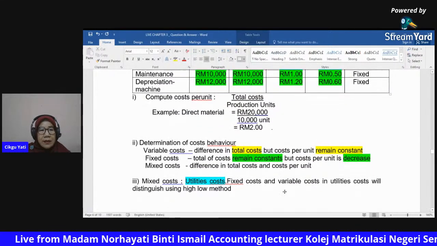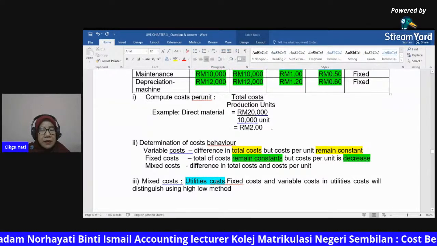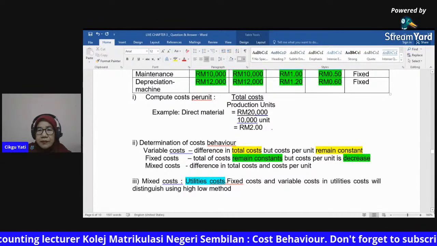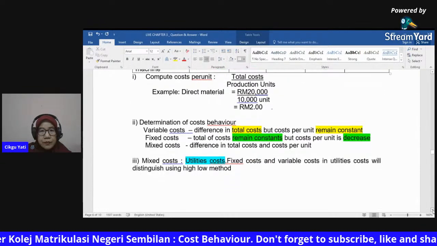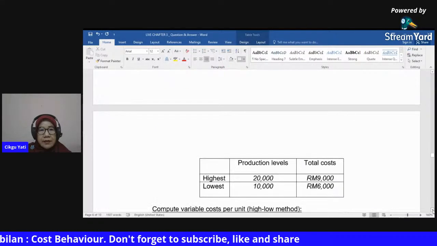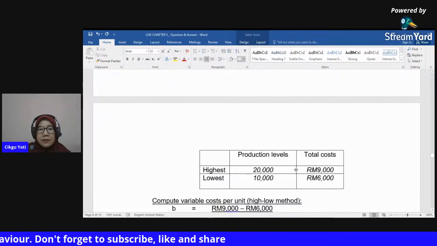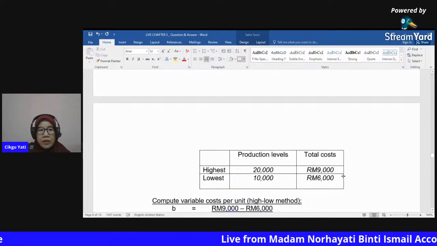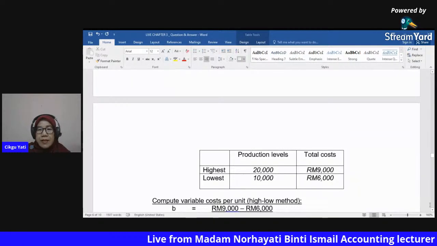Okay, look at the utilities cost. That one is mixed cost. We have to segregate it into two items. Okay, you can see that this is the highest activity with the highest cost and lowest activity with the lowest cost for utilities.